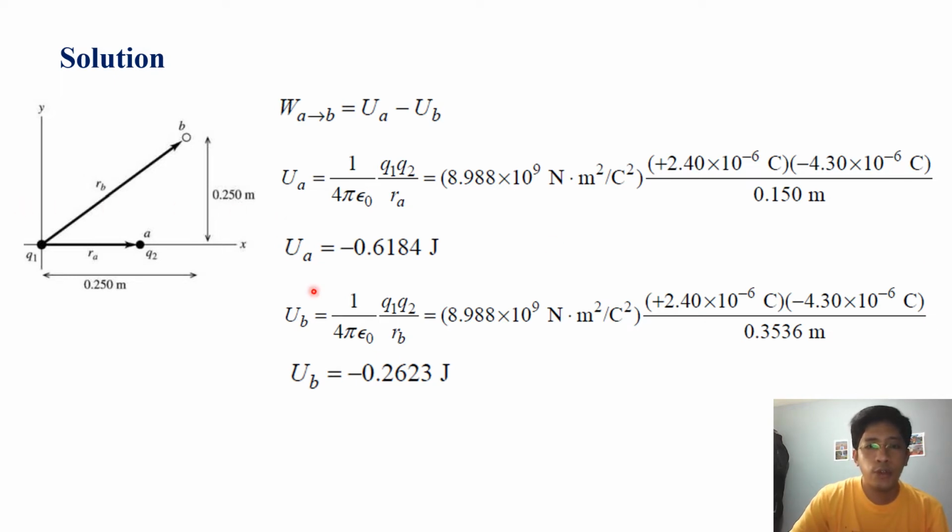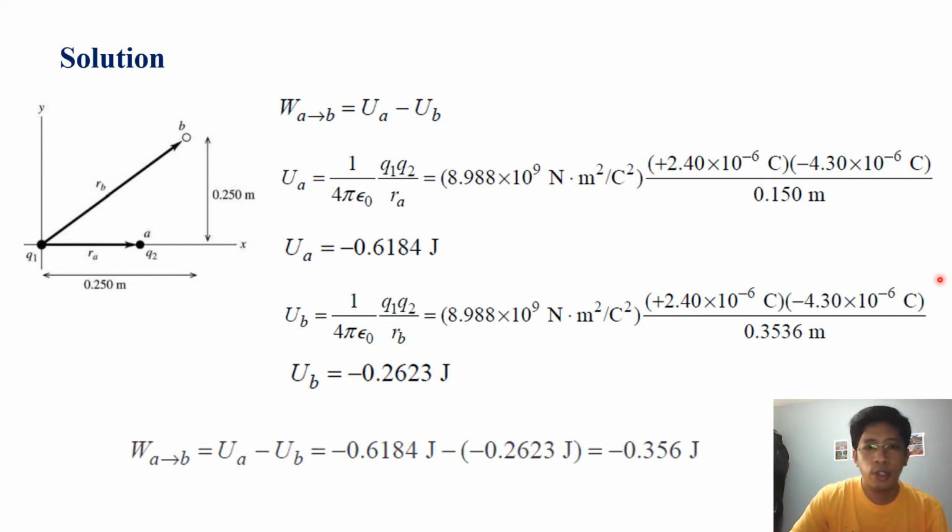Now we have your UA and your UB, so we can now solve for the work done from A to B, which is just your UA minus your UB, or you have your negative 0.6184 joules minus the negative 0.2623 joules. The work from A to B is equal to negative 0.3561 joules.